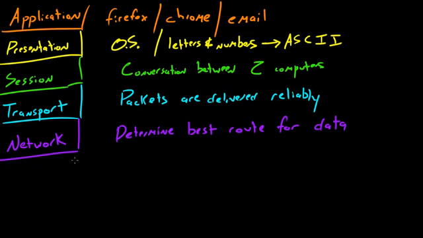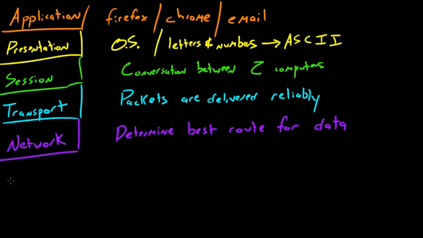So what it does is it reads these addresses and it determines the fastest possible route. Now, of course, if you've ever heard of routers, you probably have one in your home. These are involved in this layer right here. So remember that routers are involved in the network layer, and it determines the best route for your data by reading the address on, of course, the packet and determining the fastest, most reliable route to the destination computer.